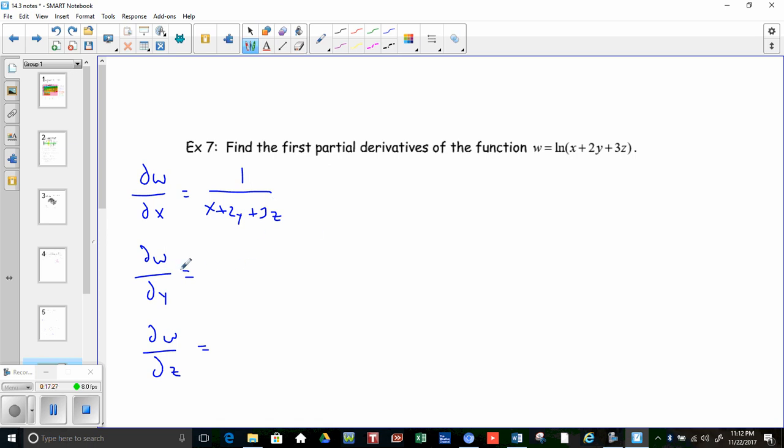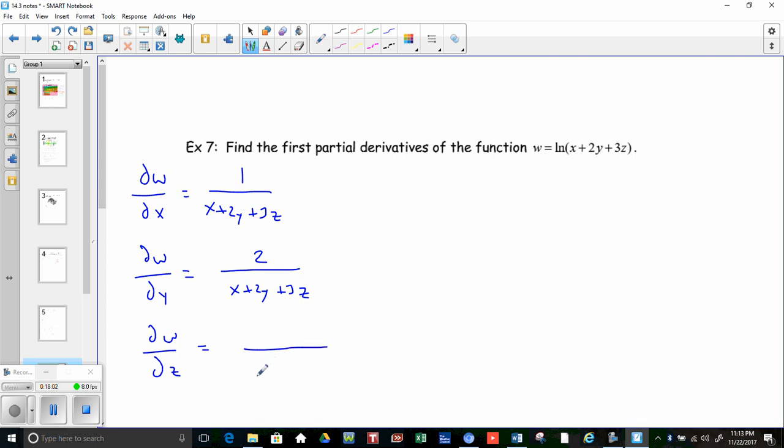The partial of w with respect to y, again y is in the argument, so it is going to be the 1 over x plus 2y plus 3z multiplied by the derivative of the argument, but again y is the only variable, so that's going to be multiplied by 2. So we got 2 on top.